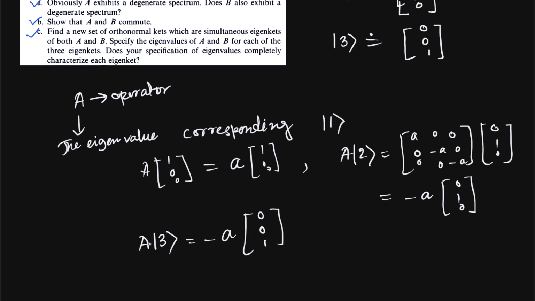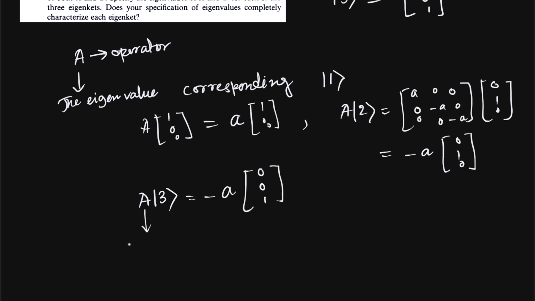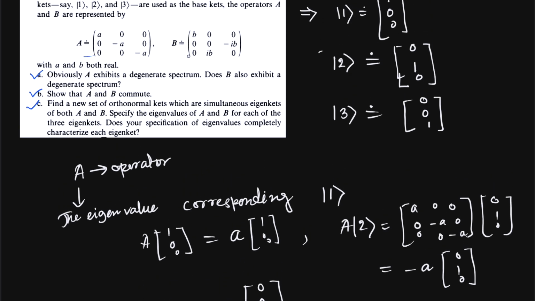That means the operator is degenerate, because this operator has the same eigenvalue, minus a, corresponding to the eigenkets |2> and |3>.